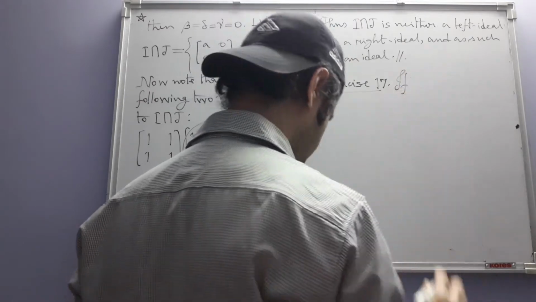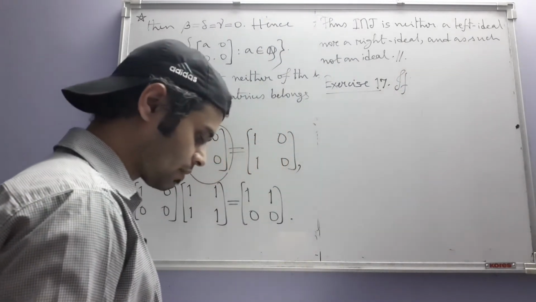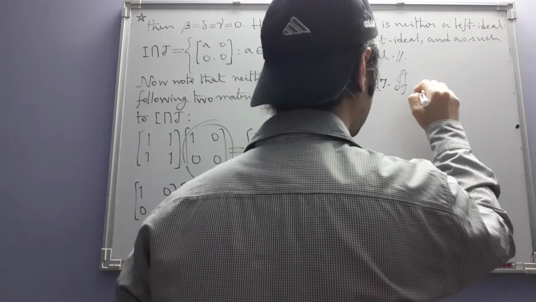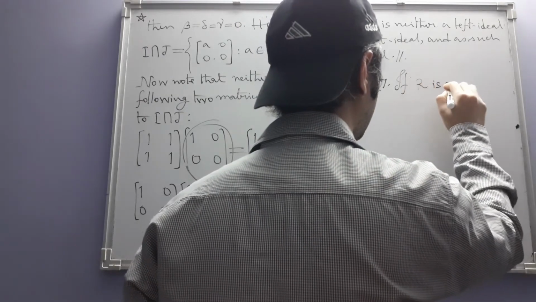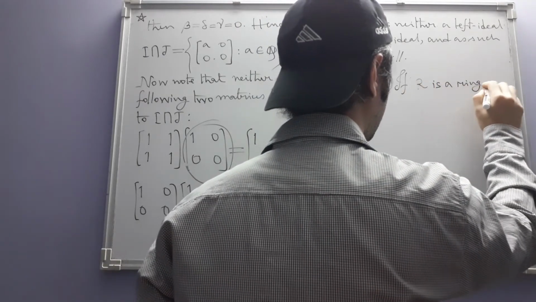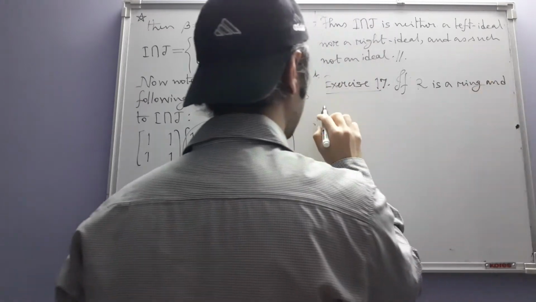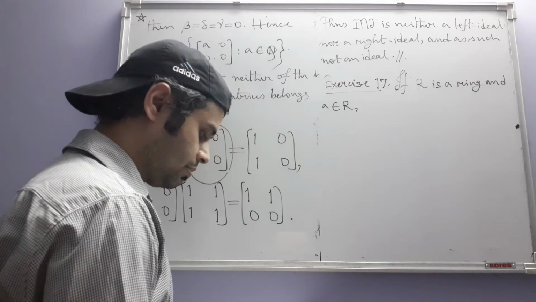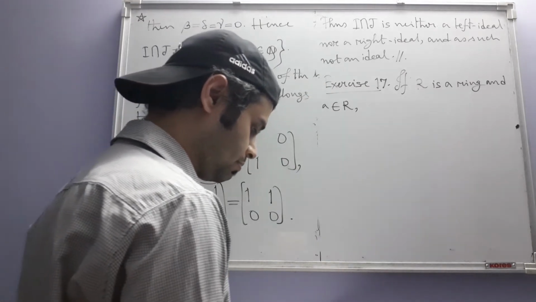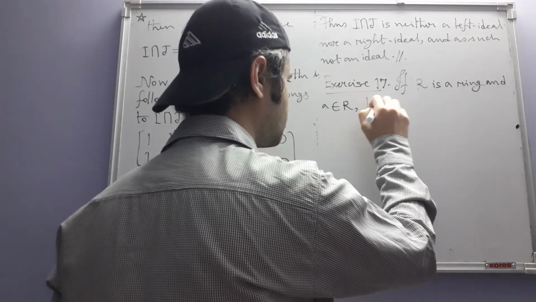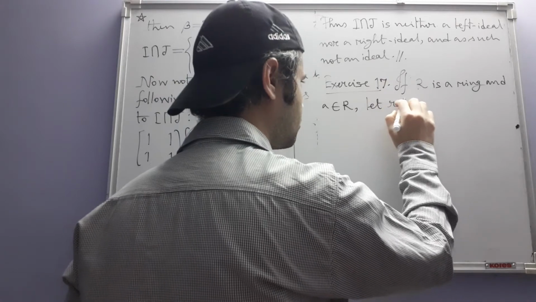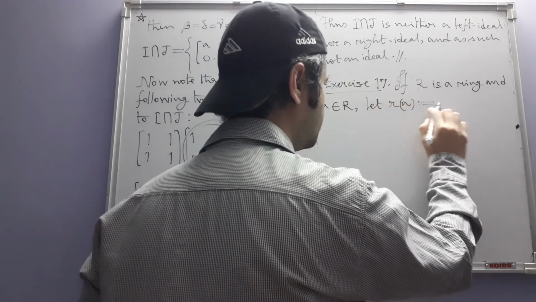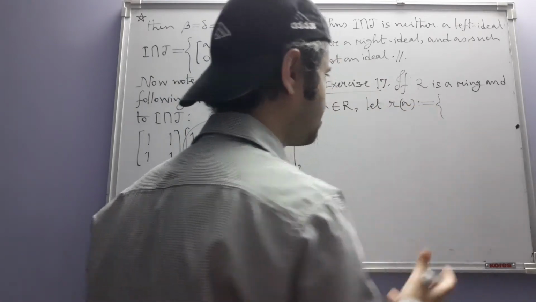If R is a ring and A is an element in R, let RA, again it's that type of exercise.